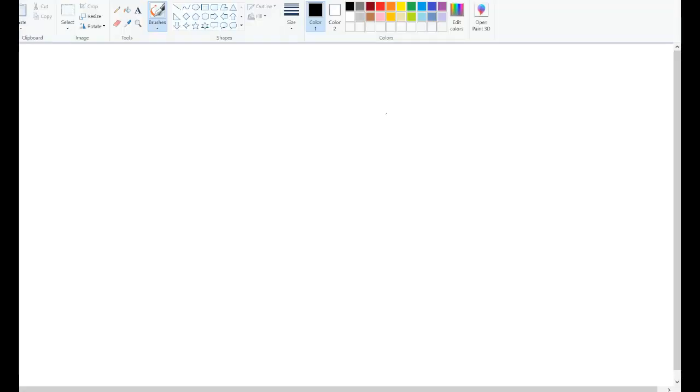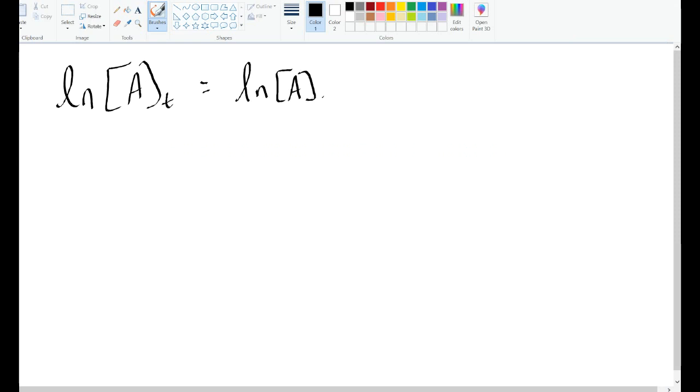So first-order kinetics means that the natural log of the concentration at time t is equal to the natural log of the concentration at time 0 minus kt. Now they gave us a half-life of 2.84 hours.